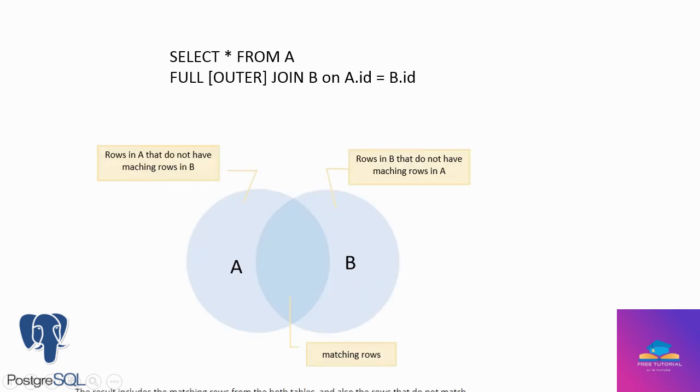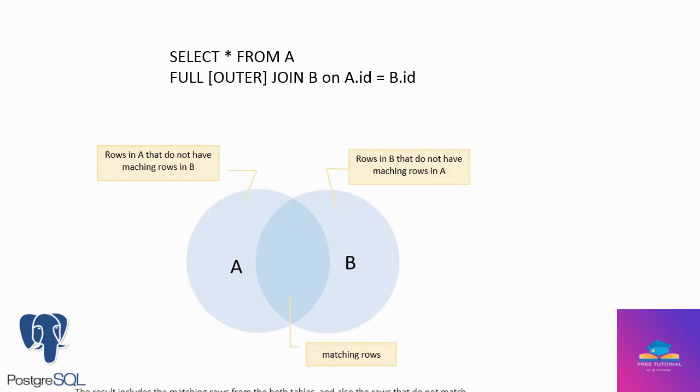What actually happens is the full outer join will combine the results of both the left join and the right join. If the rows in the joined tables do not match, the full outer join will set null values. So it will add null values for every column of the tables that lacks a matching row.